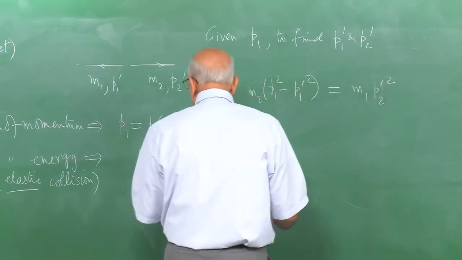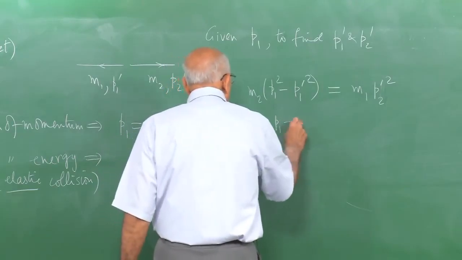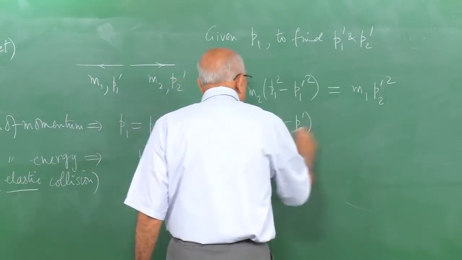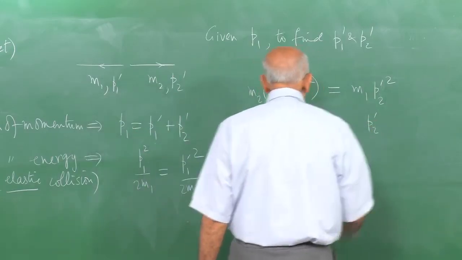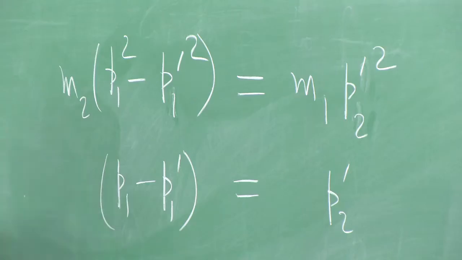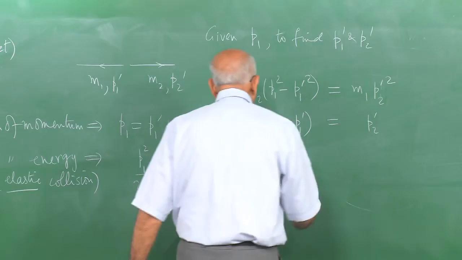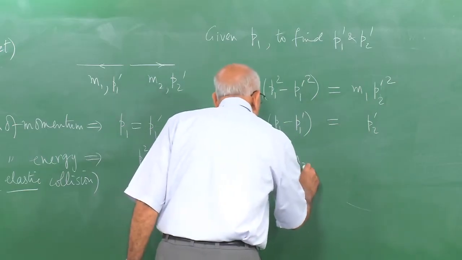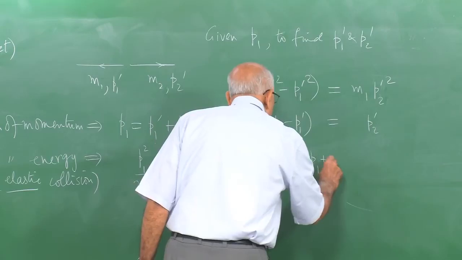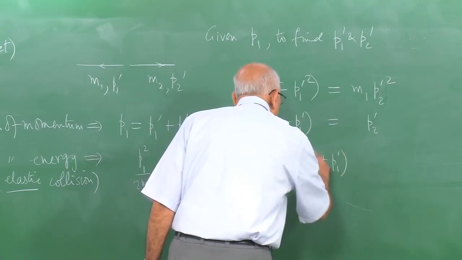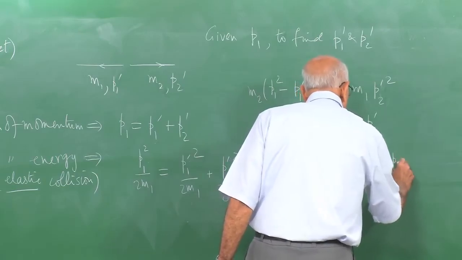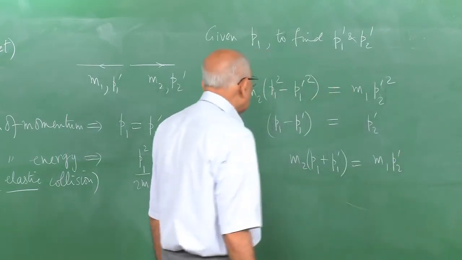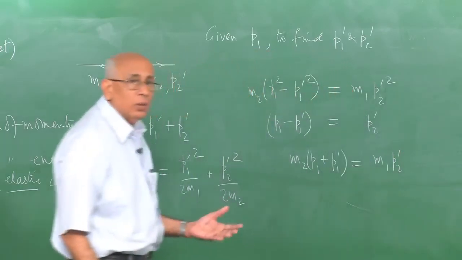On the other hand, we also know that p1 minus p1 prime is equal to p2 prime. So dividing this by this and cancelling out p1 minus p1 prime, we have m2 times p1 plus p1 prime is equal to m1 p2 prime. So we have two simultaneous equations in two unknowns.